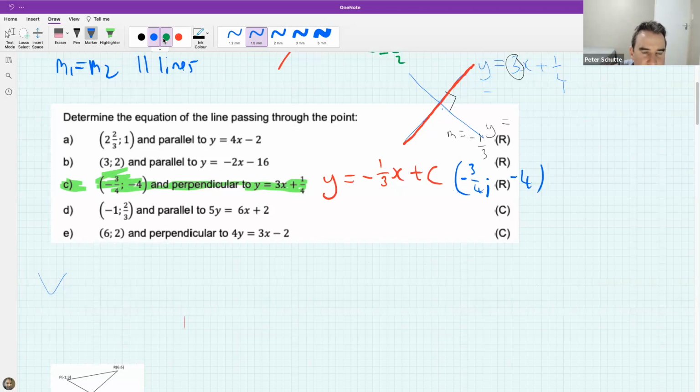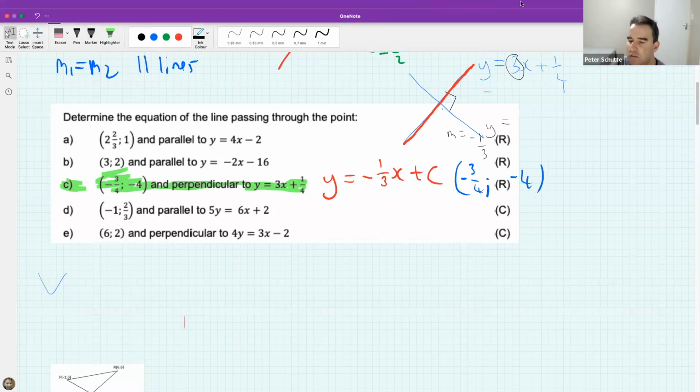Now, what's going to happen next is I think I'm going to have to sub these points in again, like I did before. So do that.